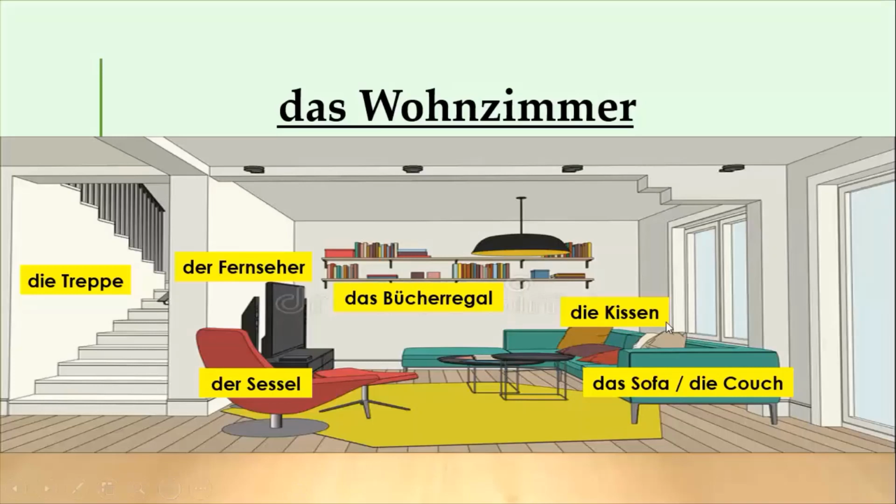Die Kissen are the cushions, or in the bedroom, the pillows are also called die Kissen. Then das Regal will be any part of the house that is in the form of shelves like this, or it can be a furniture item standing against the wall, for example, and it has shelves.